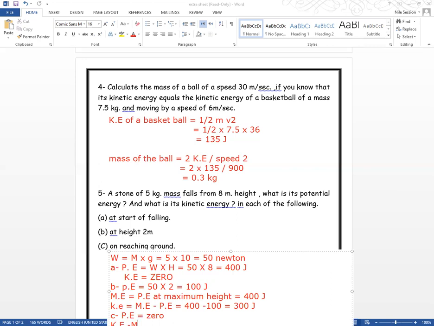The kinetic energy reaches the maximum, which is equal to the mechanical energy, that equals 400 joule. Okay, this is the last problem in our session today.